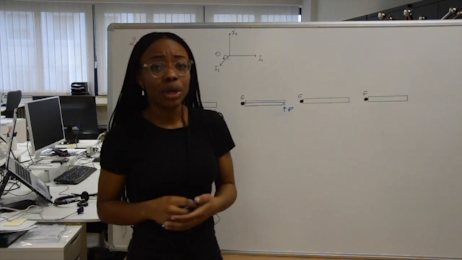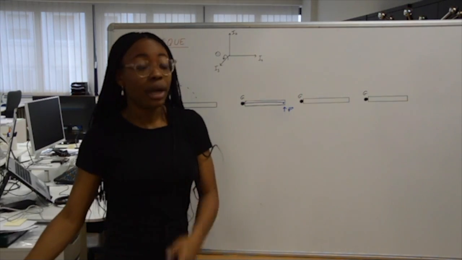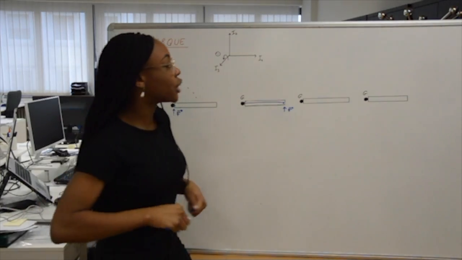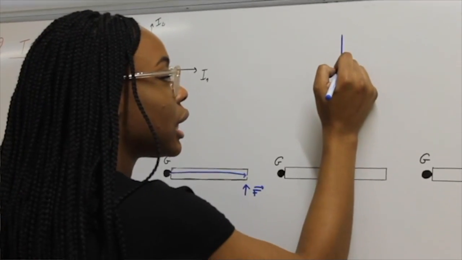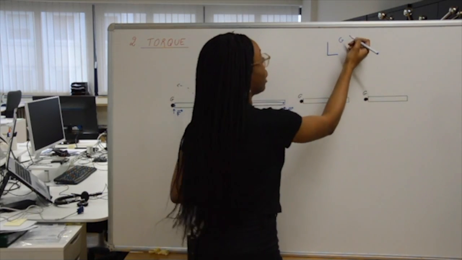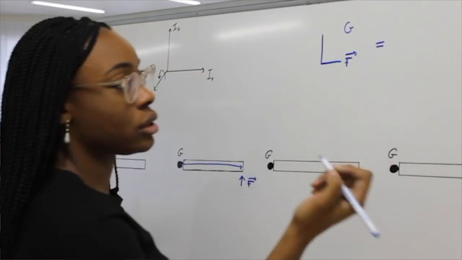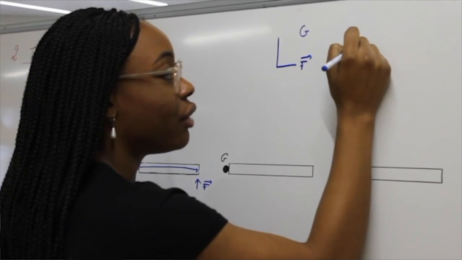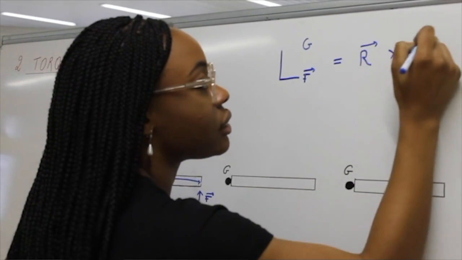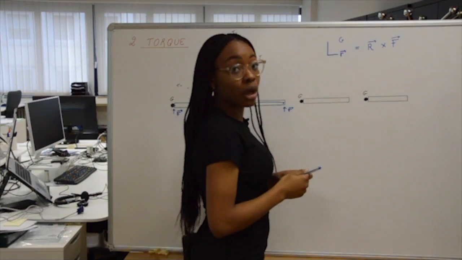Now, in linear motion, we saw that a force causes an object to move. In rotational motion, a torque causes an object to move. Now, what is a torque? If we take the torque around a point G caused by a force F, it equals the lever arm, which I'm going to define, times the force applied on a point on the body.